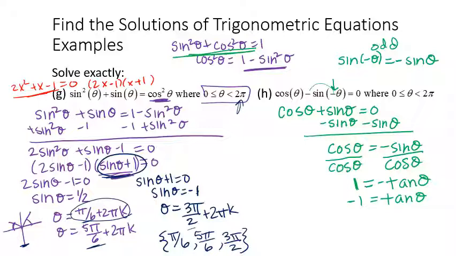So now this is a much easier problem. So tangent's going to equal -1 at 3 pi over 4, and at pi plus 3 pi over 4, which gives us 7 pi over 4. And that's what we get for within that domain.